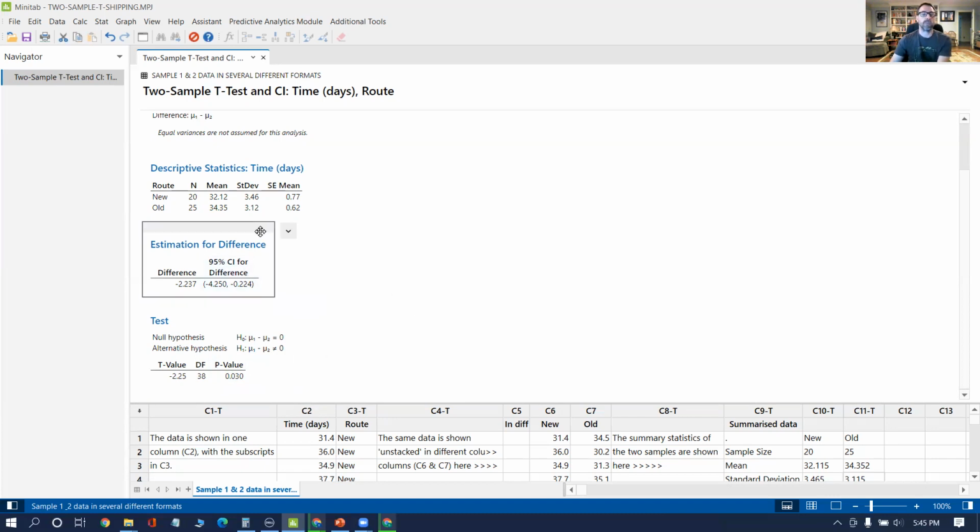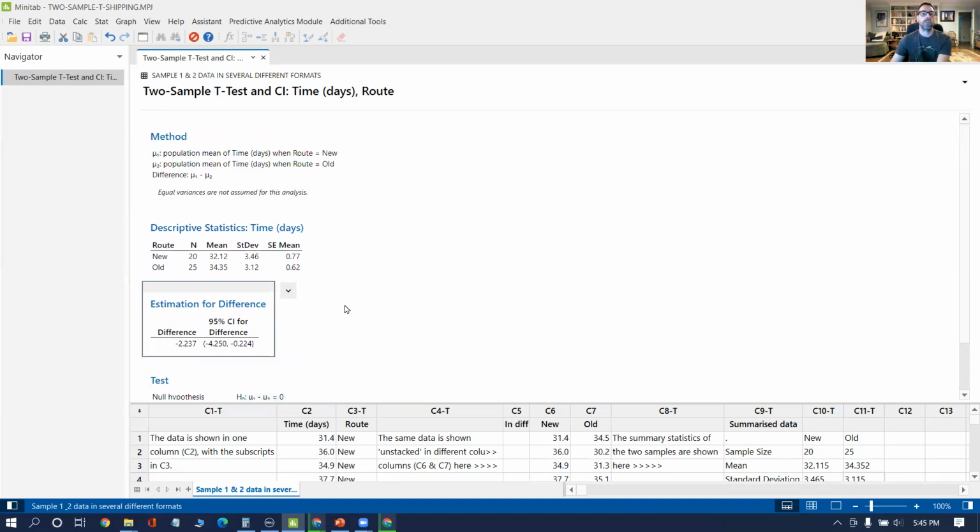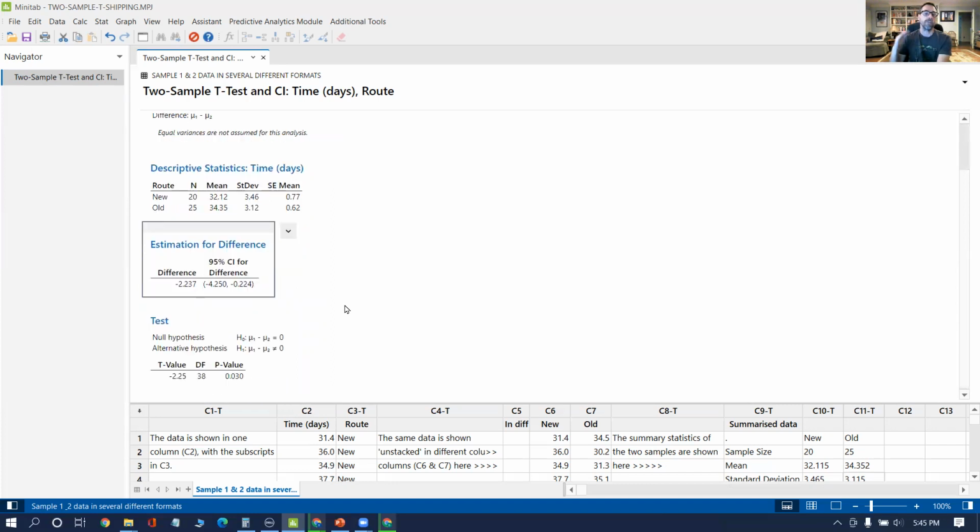Let's look back here at this estimate for difference. Remember, this test is essentially subtracting the average of the old route from the average of the new route, right? And if that difference is 0, then there's no difference, and we fail to reject the null hypothesis. If there's a difference, we reject. This estimation for difference is estimating what that difference is between mu sub 1 and mu sub 2.